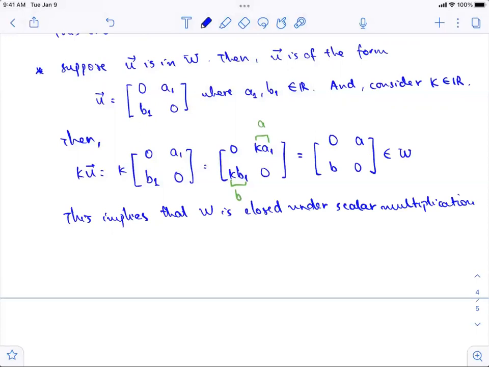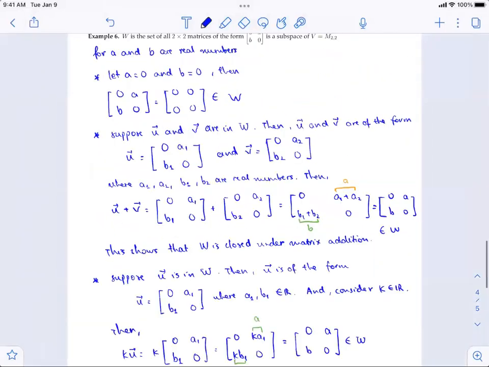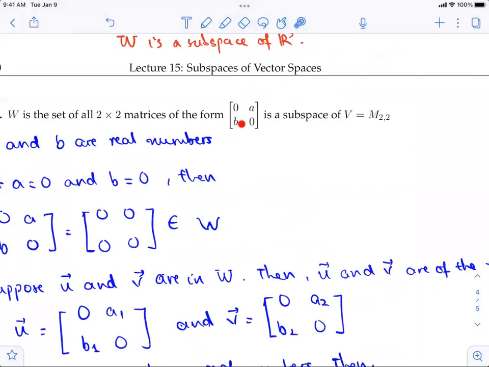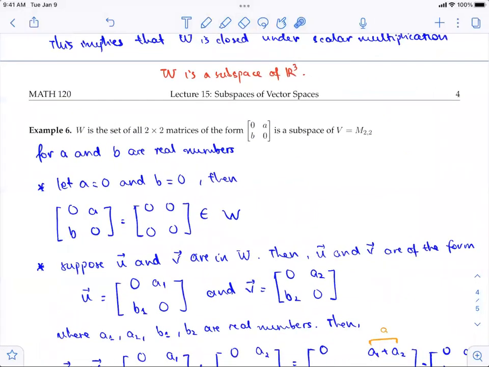So for this given set of 2 by 2 matrices of the form [0, A; B, 0], we showed that the 0 matrix is in the set, the set is closed under addition, and the set is closed under scalar multiplication.